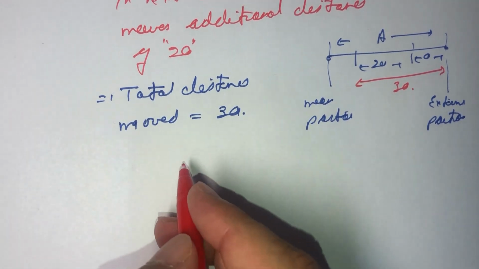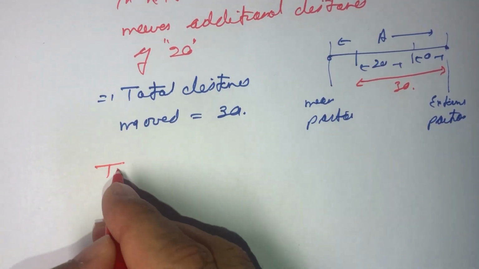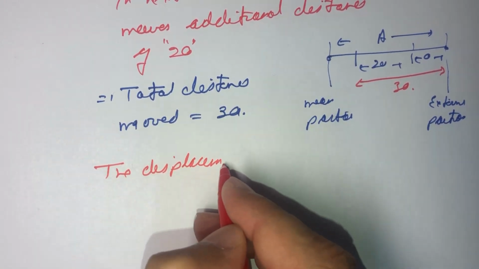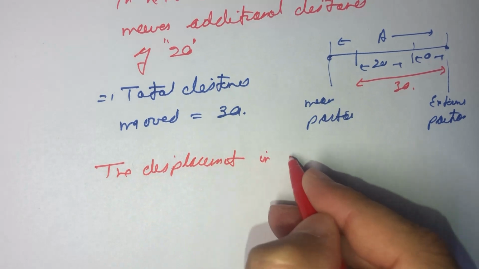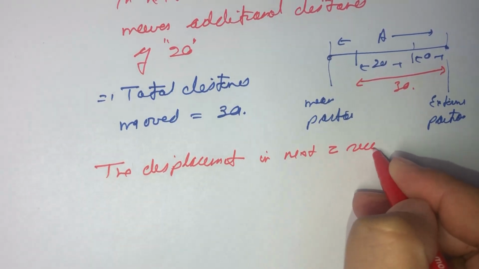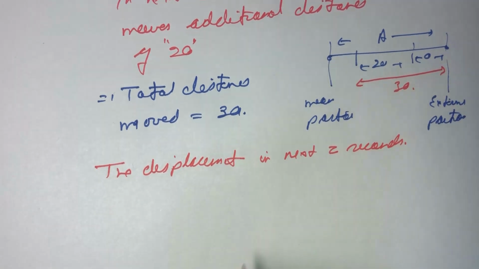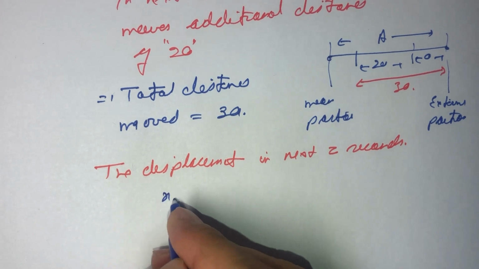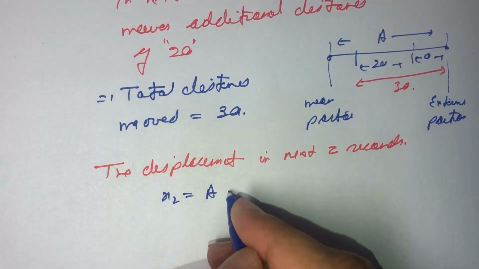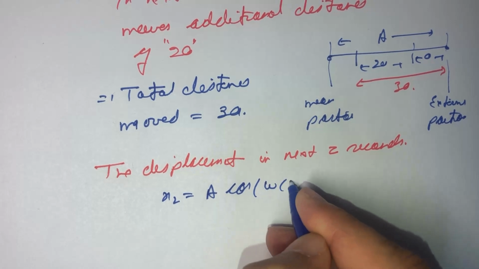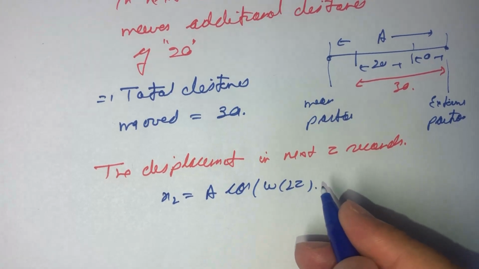Therefore, the displacement in the next tau seconds, suppose it is given as x2, so we write x2 is equal to A cos of 2 omega tau.